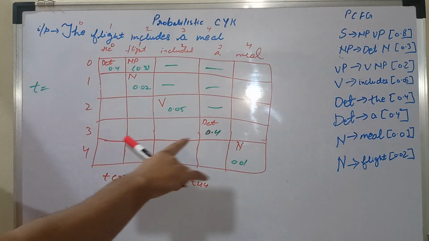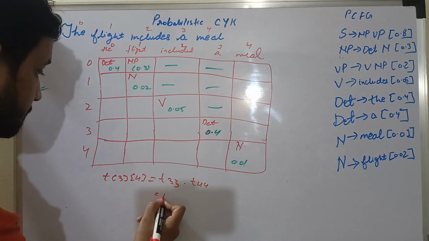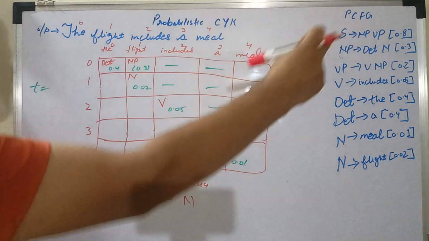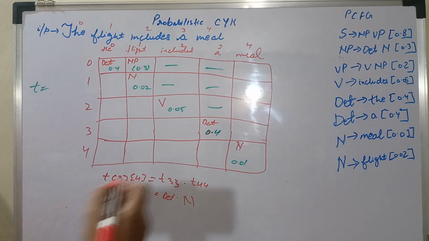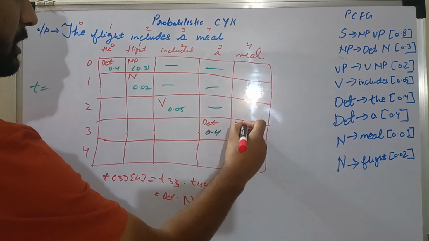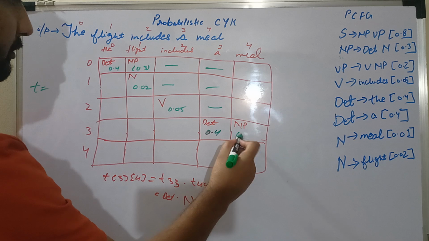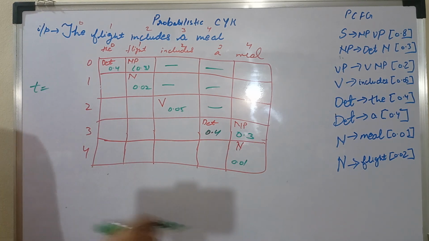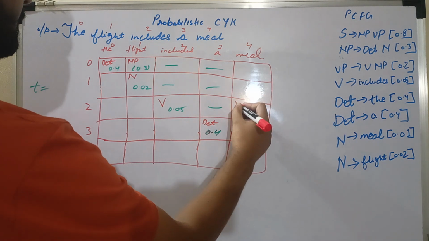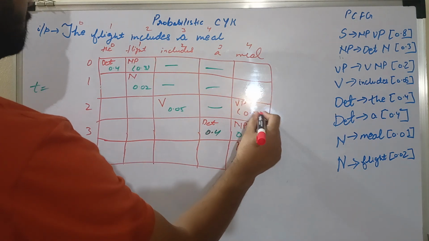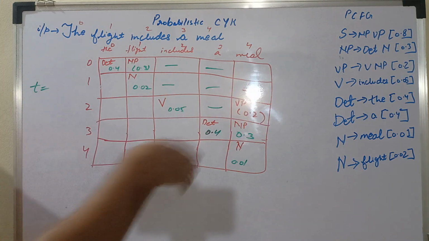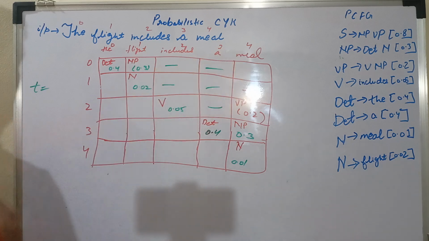So 3 3 is det and 4 4 is n, det n. Det n is np, so we get NP, and the probability is 0.3, so that we will fill. Similarly we move up the cell. For this one we will get vp and it would be 0.2. For the further cell we will not be able to fill this one. It would result into 5.